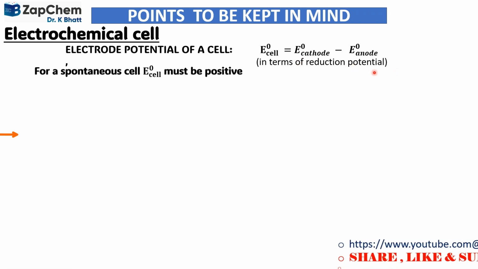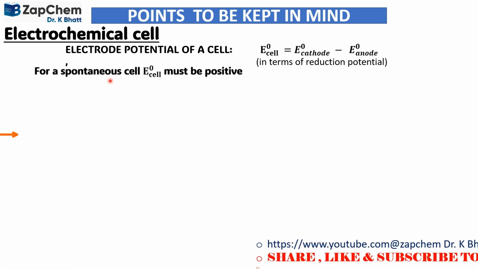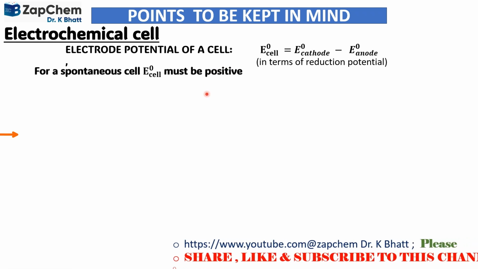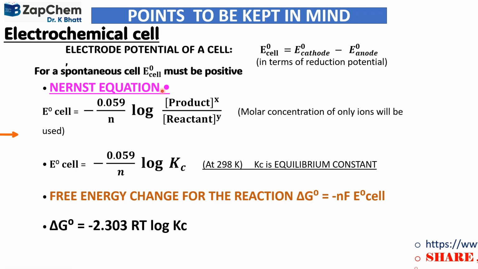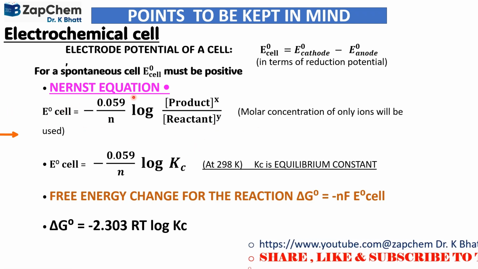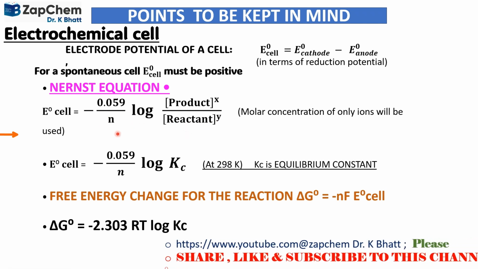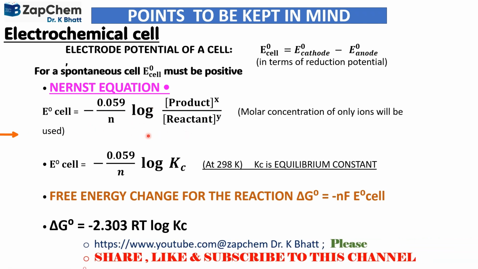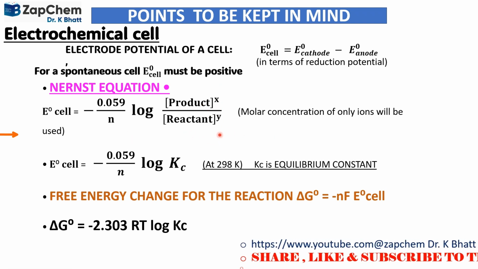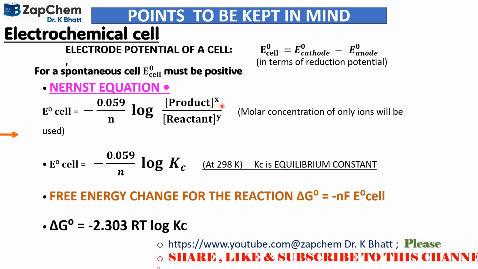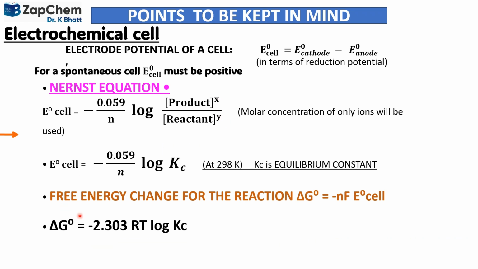We have studied this, it should be remembered. And for a spontaneous reaction, the E naught cell, that is the standard electrode potential, must be positive. We have learned about the Nernst equation also, and finally the Nernst equation comes out to be like this: E cell is equal to E naught cell minus 0.059 log concentration of the products divided by the concentration of the reactants raised to respective powers. And E naught cell, we have also worked out.